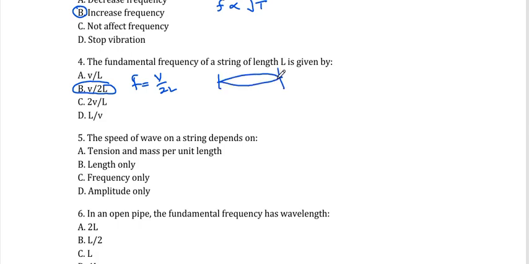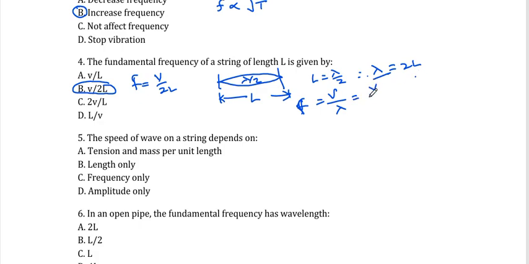This is the drawing for the fundamental frequency of a string. A loop is lambda over 2, so the length is lambda over 2, which means lambda is equal to 2L. Frequency is velocity over wavelength, and the wavelength here is 2L for the fundamental frequency, so you have V over 2L, so B.